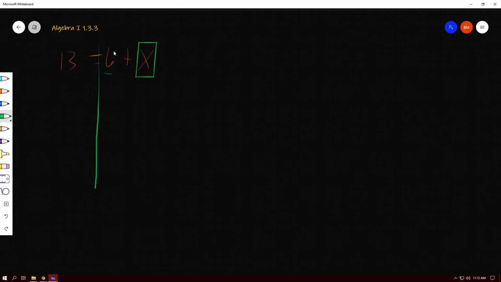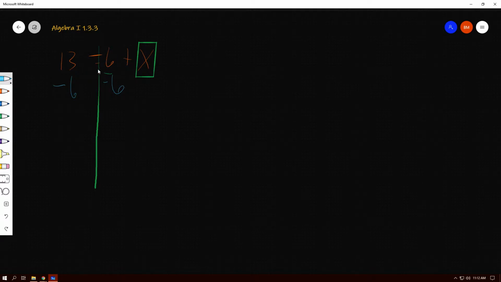What is the 6 doing to the x? The operation between the 6 and the x is a positive, so they're adding. How do you get rid of addition? You subtract. So I'm going to subtract 6 from both sides. Notice I did a minus 6 on the right side of the river and a minus 6 on the left side.